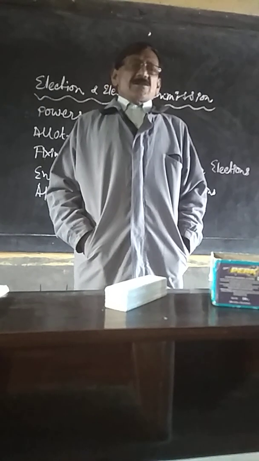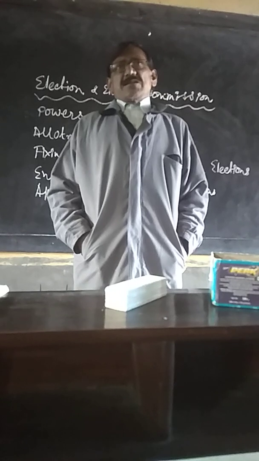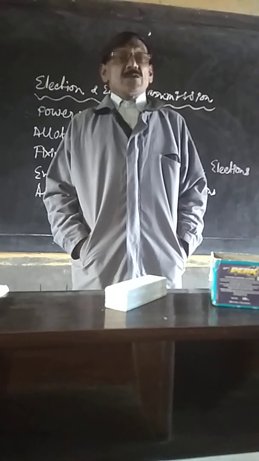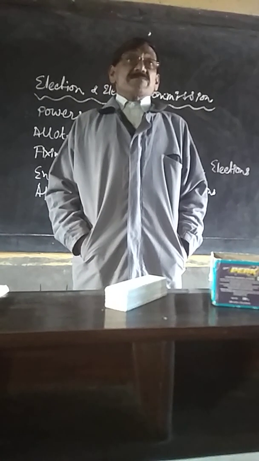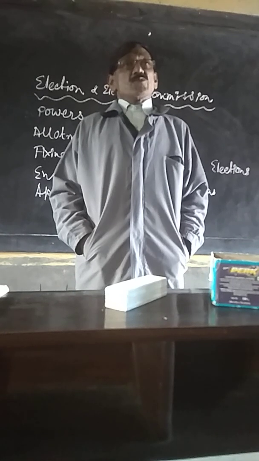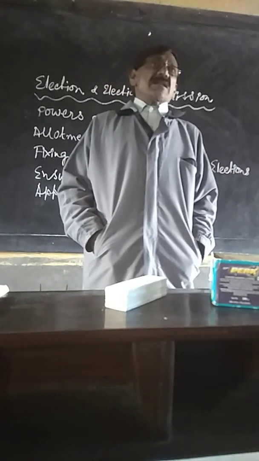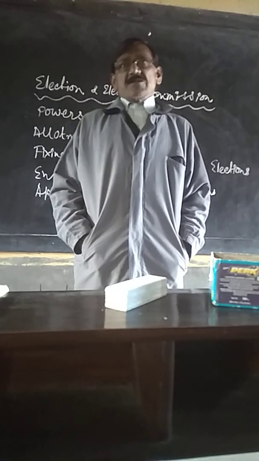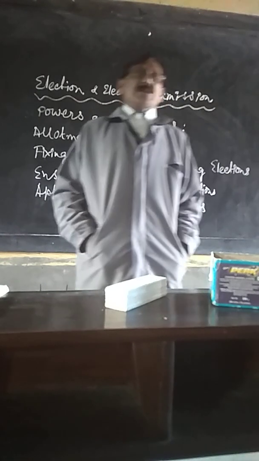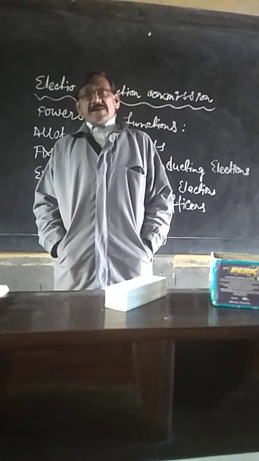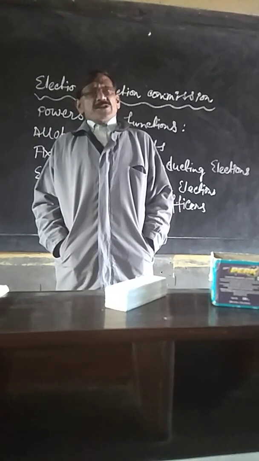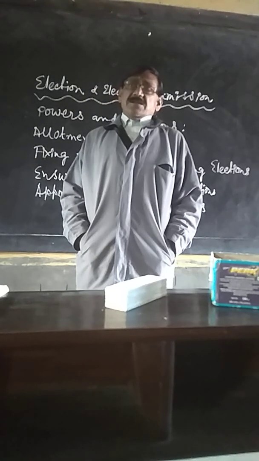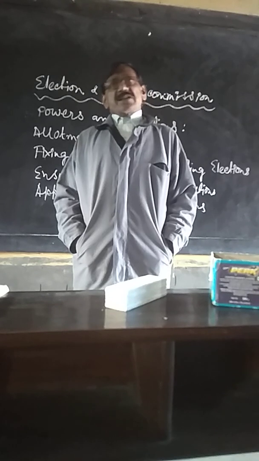The head of the election commission, the chief election commissioner, appoints a number of election commissioners. Why? In order to be assisted by them and to reduce his working load. And regional election commissioners also are appointed in order to look after the electoral procedure of different states of India.